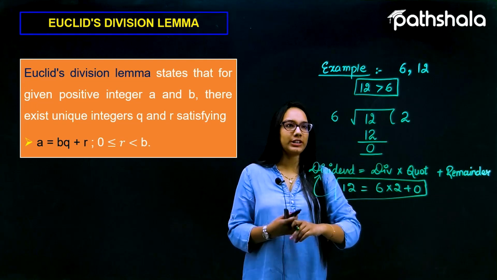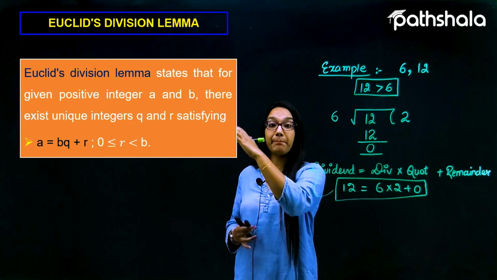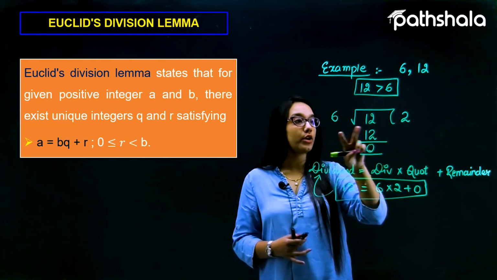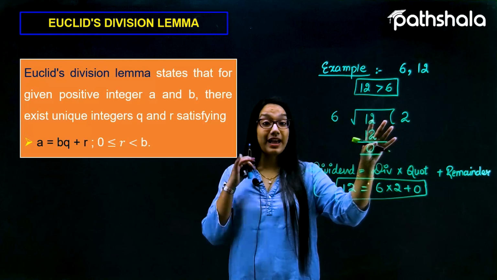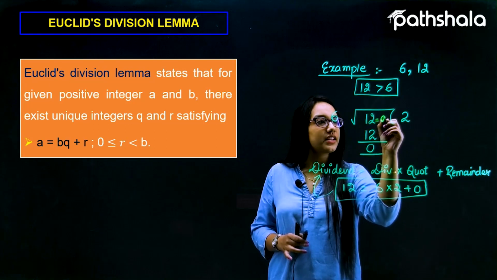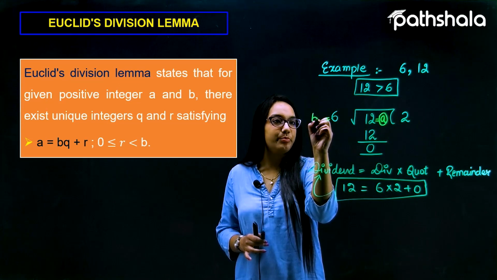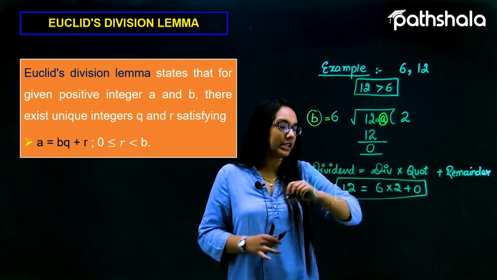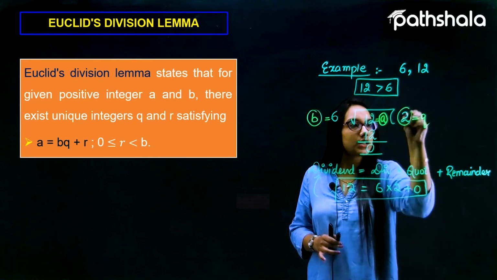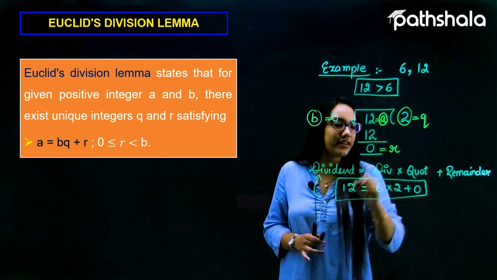Now let's convert 12, 6, 2 and 0 into the formation of a, b, q and r. We are taking 12 as a, 6 as b, 2 as q, and 0 as r, which is the remainder.